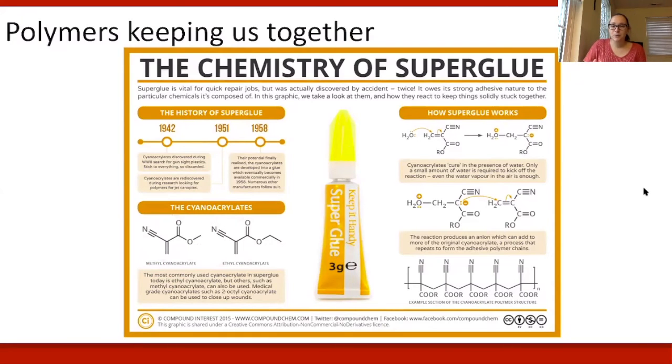And then when you use superglue, how it works over here is a super duper small amount of water. And it says even just the amount of water vapor in the air is enough to start this process. A small amount of water interacts with one molecule of the superglue, and that then interacts with another molecule and another molecule. So you're actually covalently bonding all of the molecules together just with a tiny bit of water.